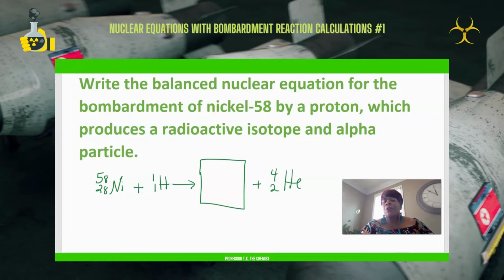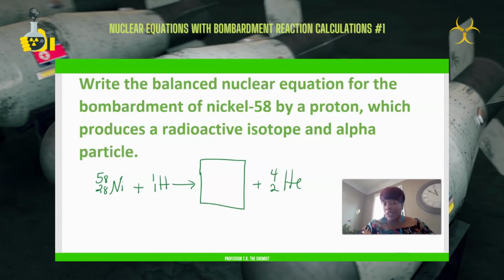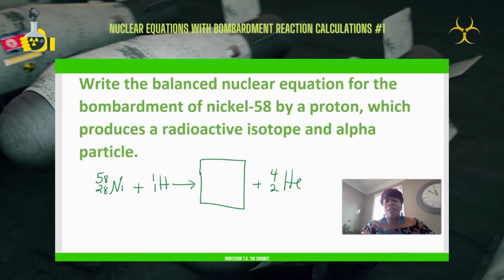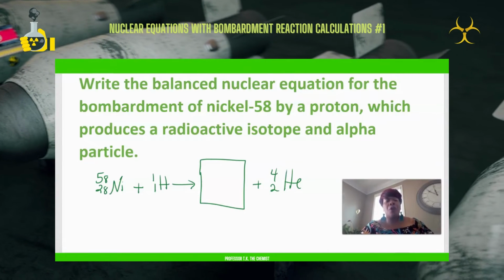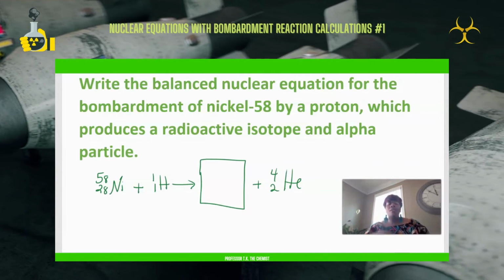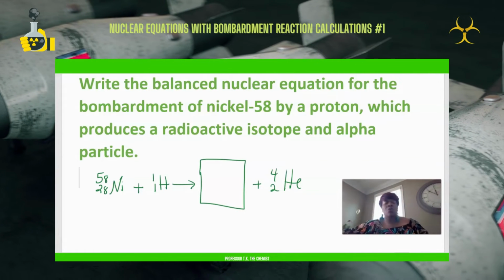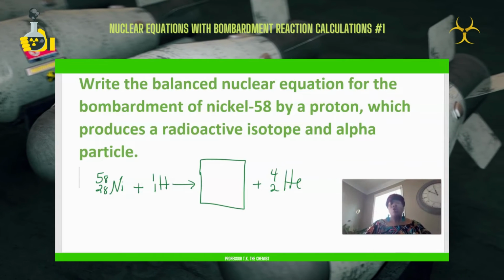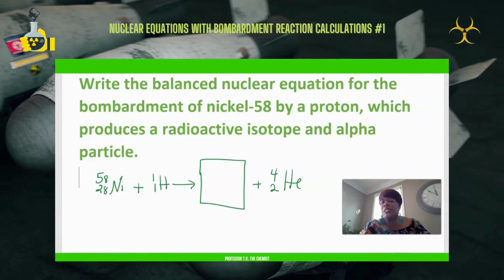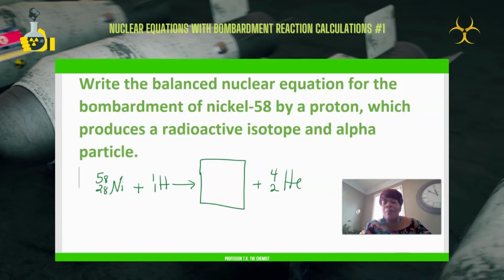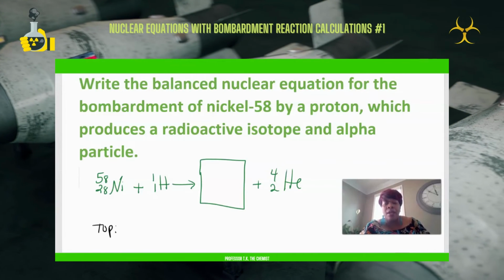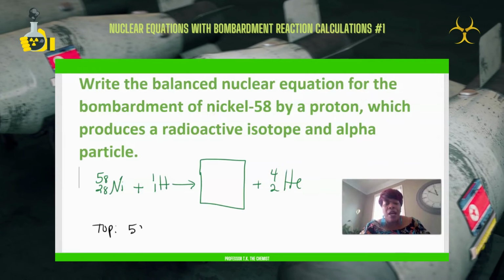So here's what we've got here. It says it produces a radioactive isotope. That's what that box is for, and you're trying to figure out what all this means. Now, what I would do first is figure out what the left-hand side equals to. Like, what are the amounts? Because they're going to have to balance out for both sides. So for my top number on this left side, 58 plus 1 gives me 59.